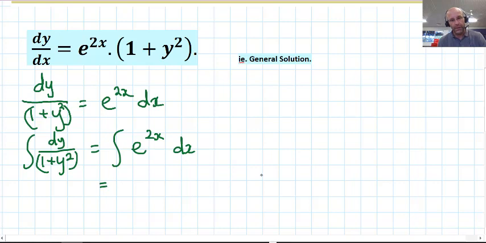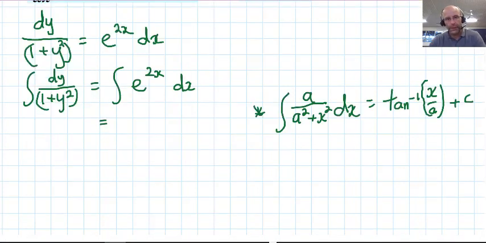Here we recall one of our results, so it's important to remember this form. We have the integral of some constant a over a squared plus x squared dx is arctan of x over a plus the constant. On the left hand side, of course, our variable is y. Our value for a, and hence a squared, is 1.